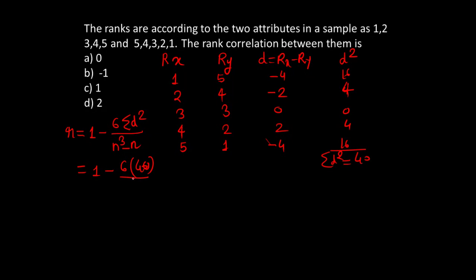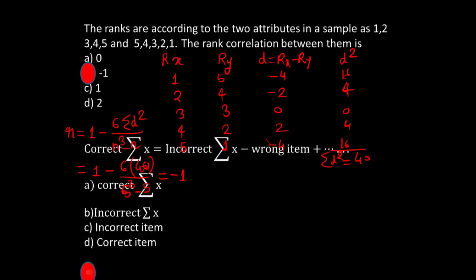Just put the values and find out. So this comes out to be minus 1. If you simplify this, you will get minus 1. Like this, one may have a question on rank correlation.